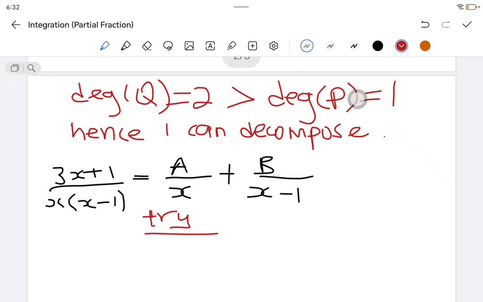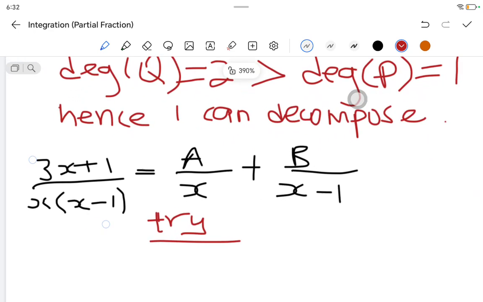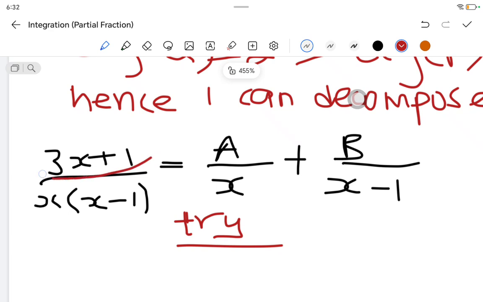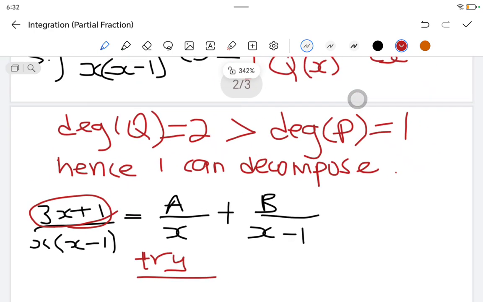Sir, can you please repeat the part of you saying we are ignoring the coefficient of x? Yeah, we're going to ignore this numerator. Why? The partial fraction does not talk anything about the numerator. It only checks this condition. We don't care what's in the numerator.